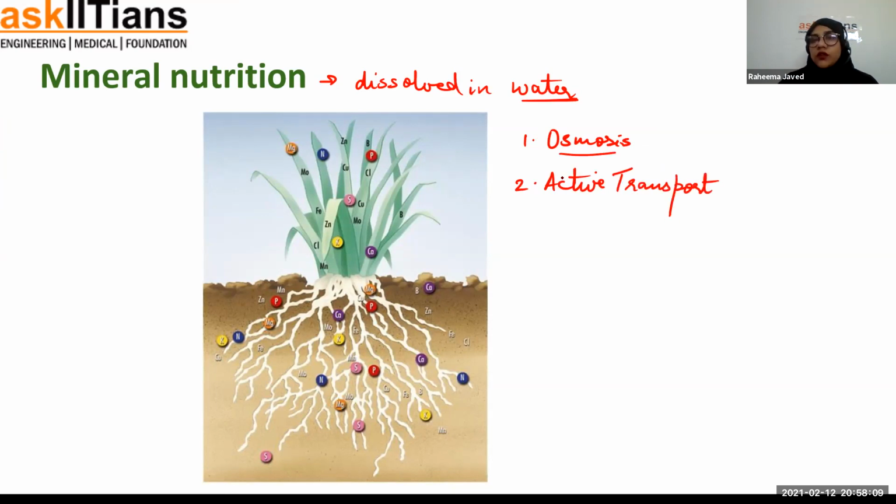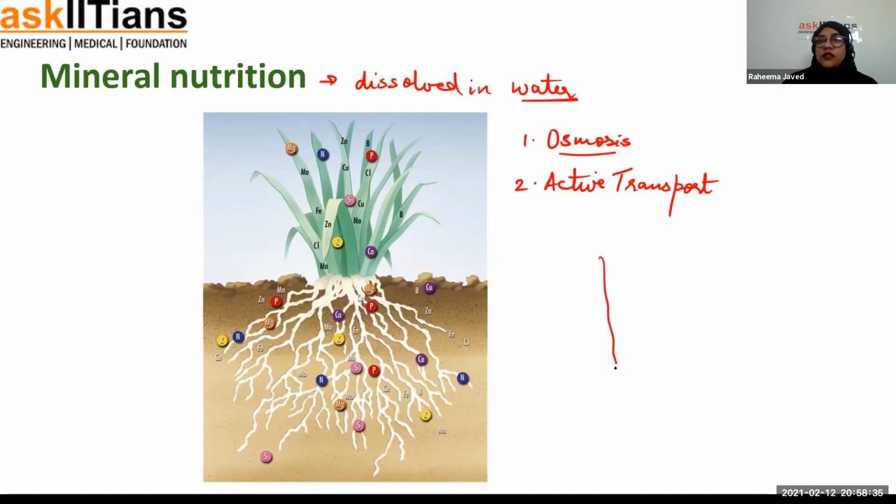So osmosis is the process of transport of water molecules from the higher concentration to lower concentration. This is a very good process for the transport of ions also, which can easily get dissolved in water, and their concentration is higher in the soil as compared to the roots.